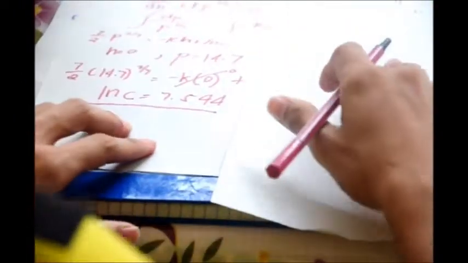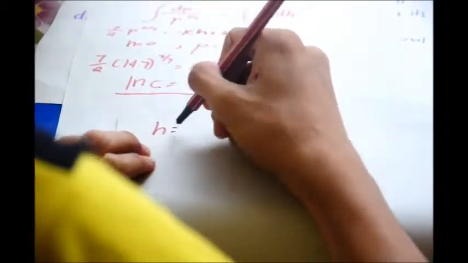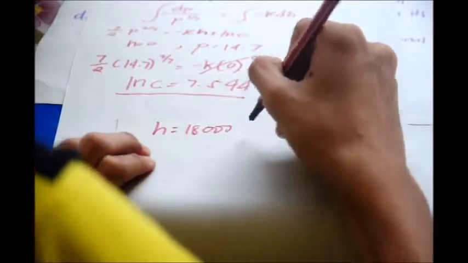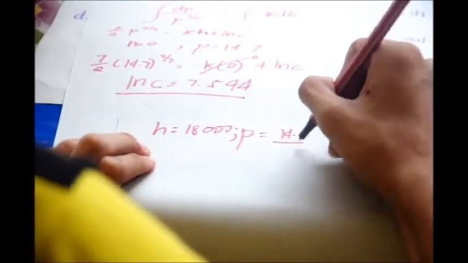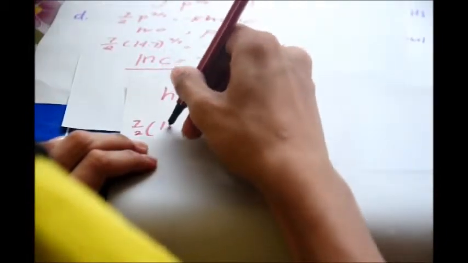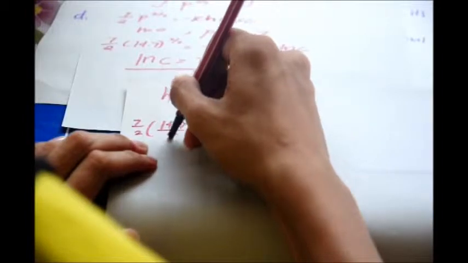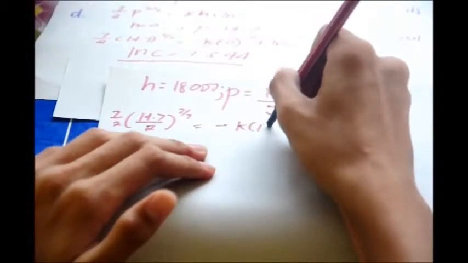And for solving the value of K, we use the second condition, which is H equals 18,000 and P equals 14.7 over 2.